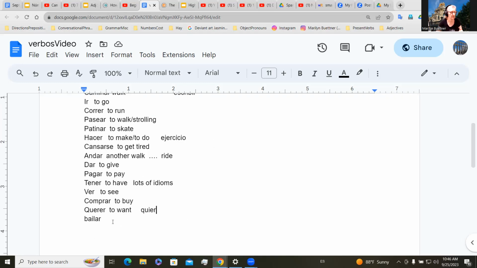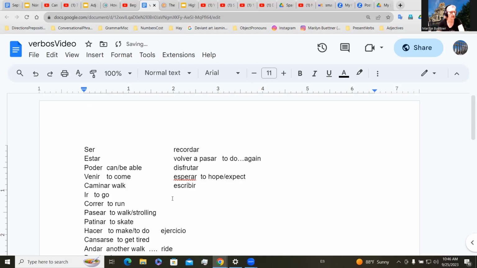Bailar, to dance. Most people recognize that verb. Bien, recordar, to remember. Disfrutar, to enjoy. Right? And escribir, of course, to write.